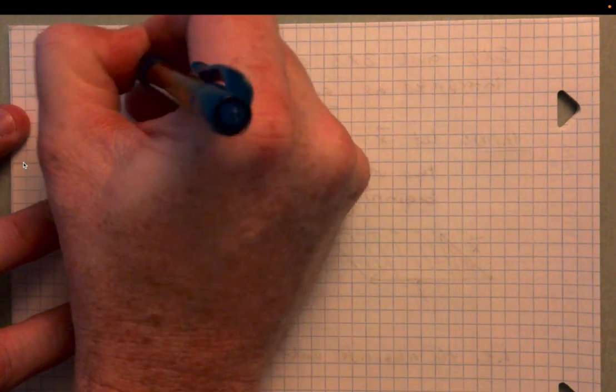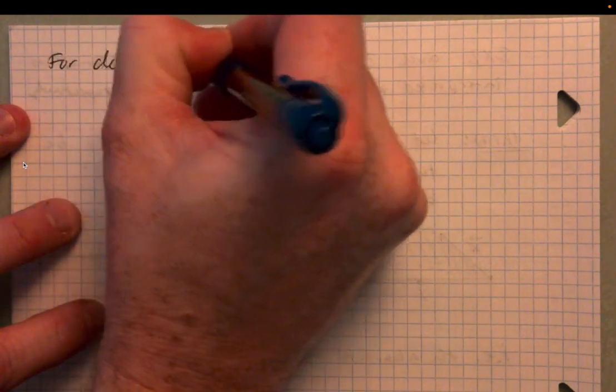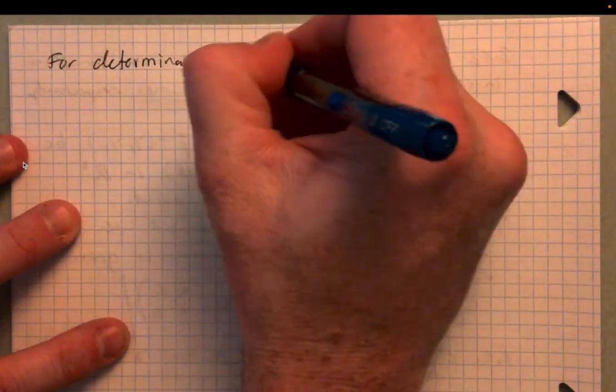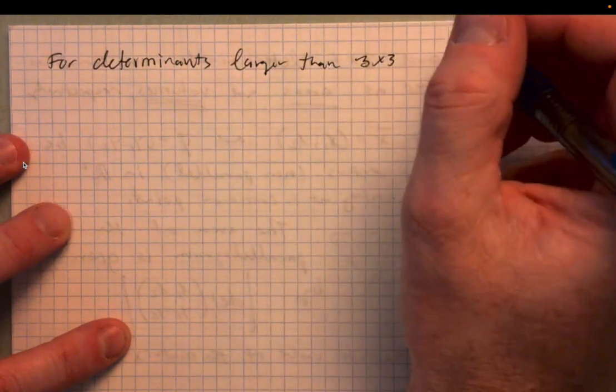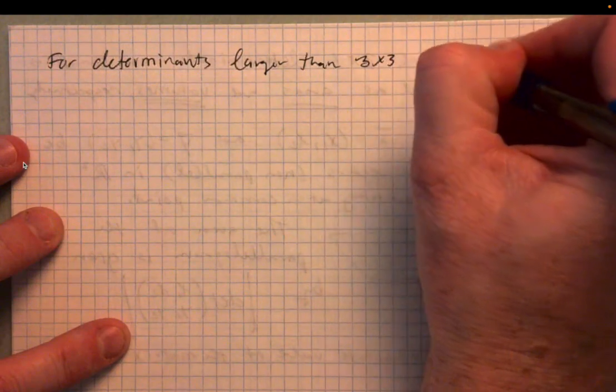But all right, excellent. So now what we want to do is move further along and discuss determinants of higher dimensional matrices. So for determinants larger than 3×3, we'll need to introduce some new concepts.